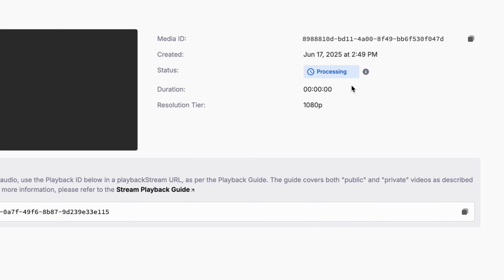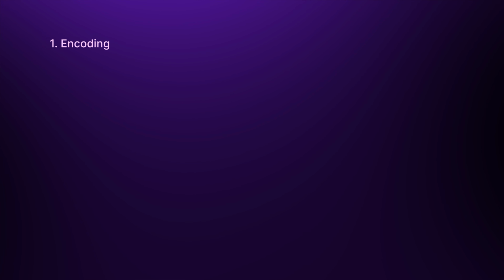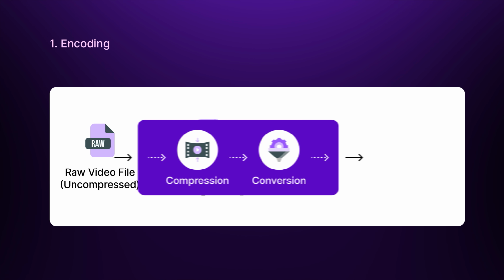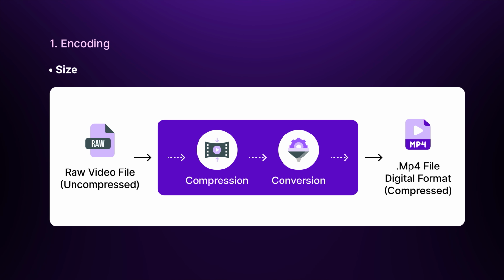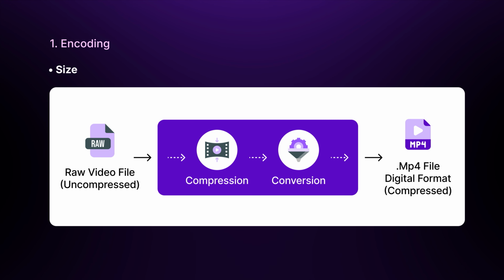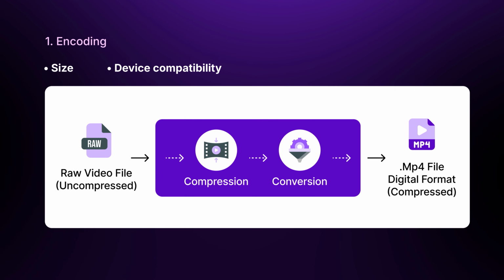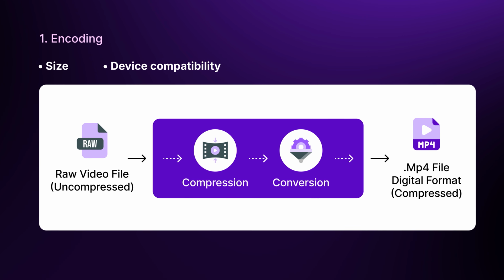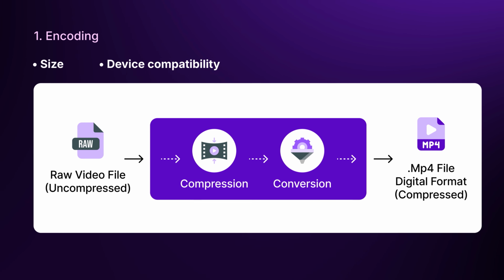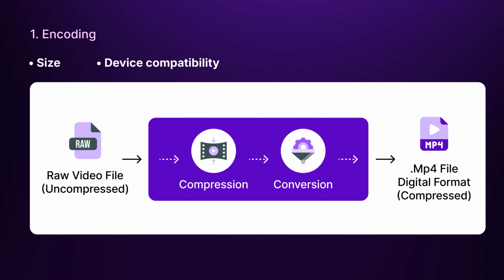On this media asset page, initially, you might see a status as processing. What's happening here is what's called encoding in the video world. Your raw video is being automatically compressed to a smaller size, making storage and streaming more efficient. Next, we take care of device compatibility. Ensures videos can be played across a wide range of devices and platforms by converting files into compatible formats.